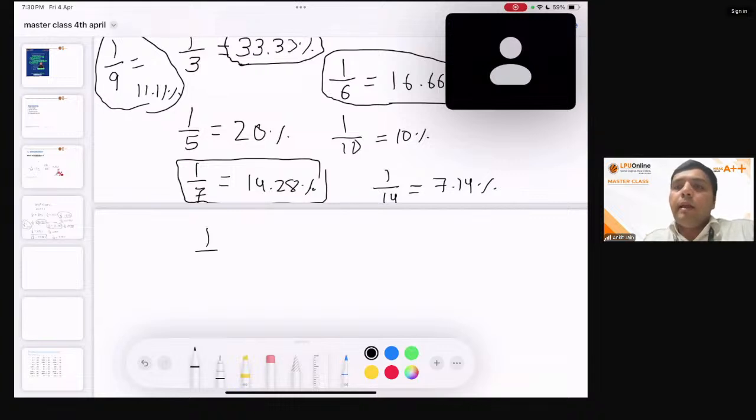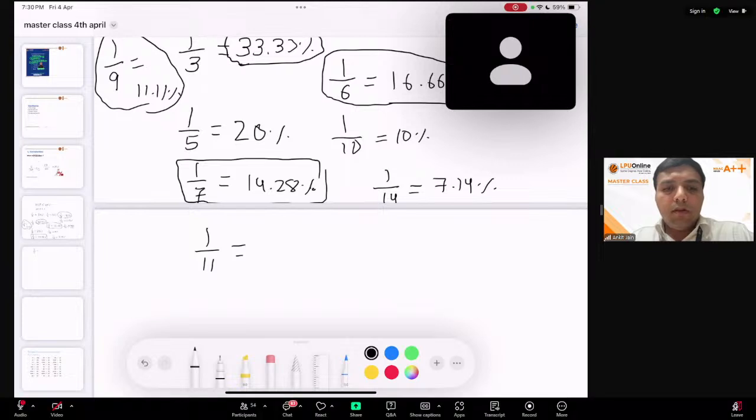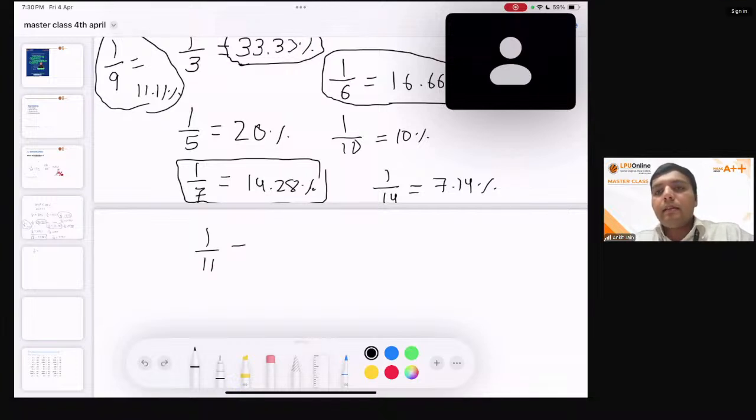What is the value of 1 by 11 in percentage? 1 by 11 is 9.09.